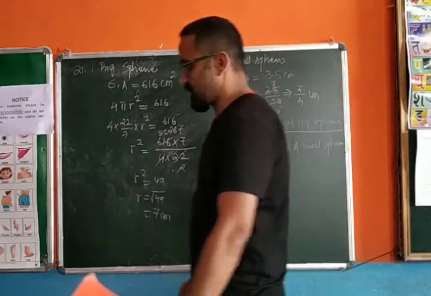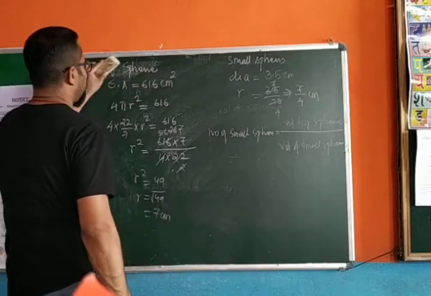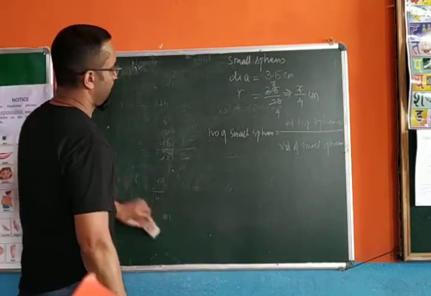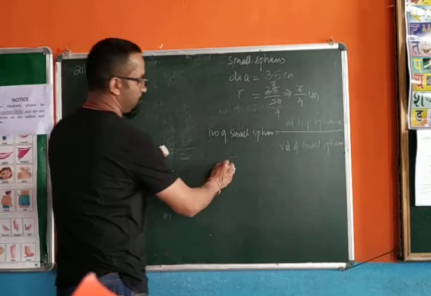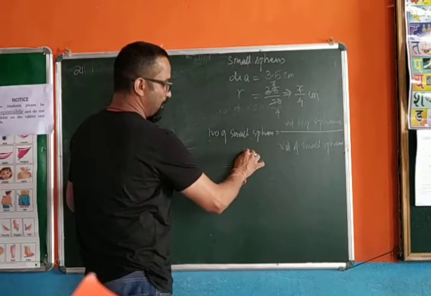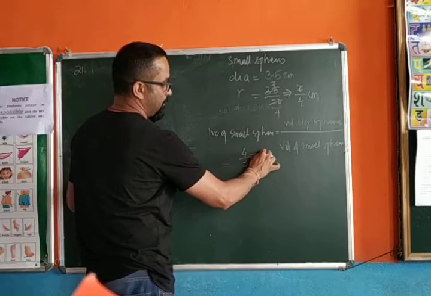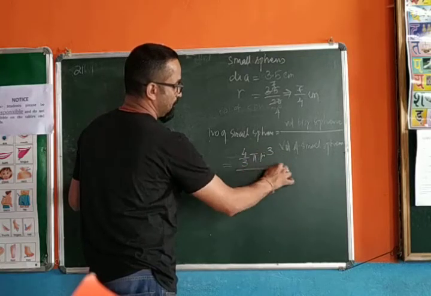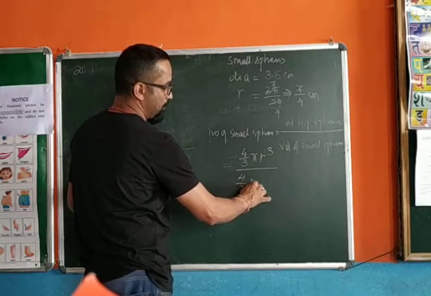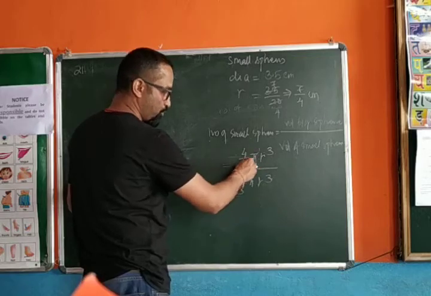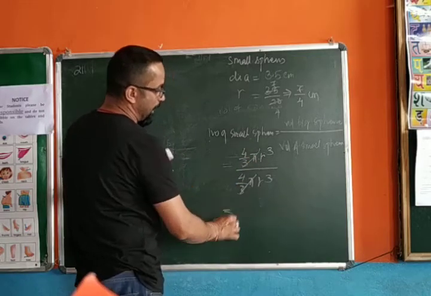Follow this simple step. Now substitute, which is equal to 4 by 3 pi r cube over 4 by 3 pi r cube. 4 by 3 pi cancels.